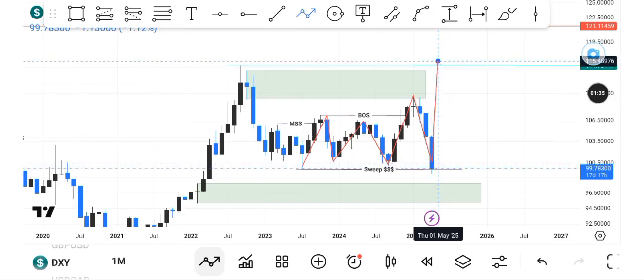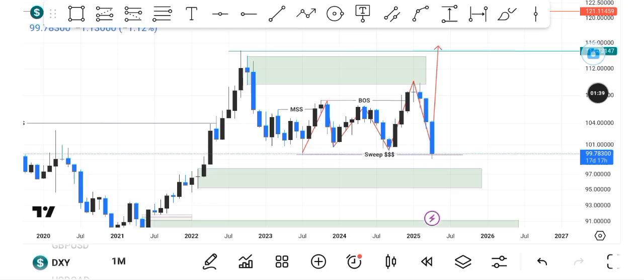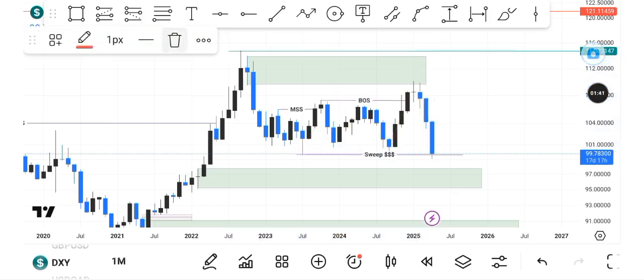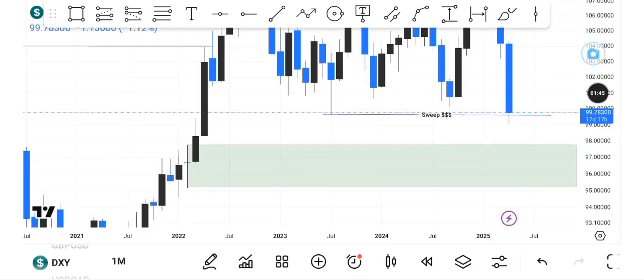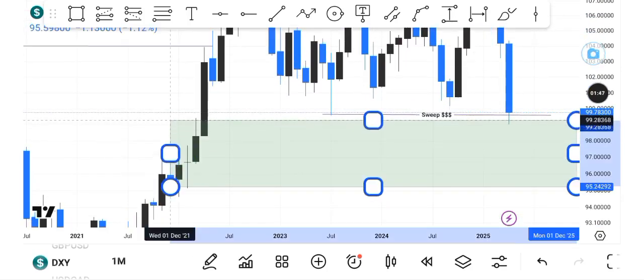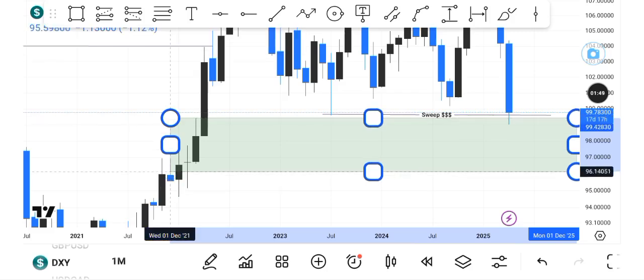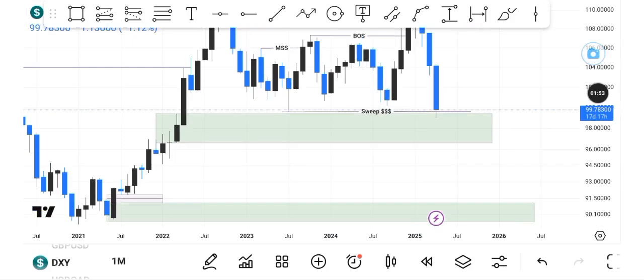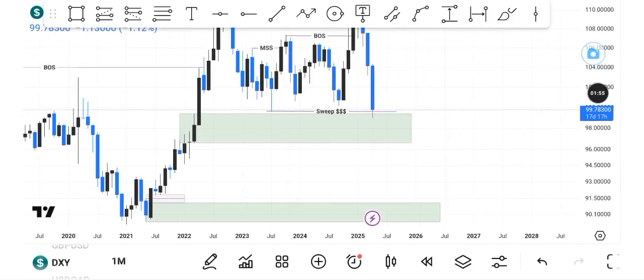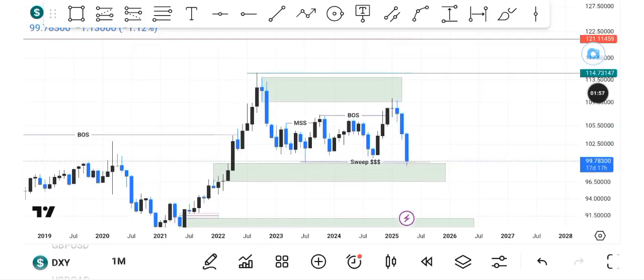My anticipation is that we shall expect the market either to continue coming to the origin and then push up, if we see confirmations from the lower time frame, and to see this candle closing inside the range or pushing up to the upside at the end of the month.